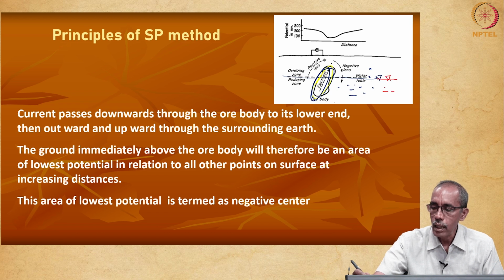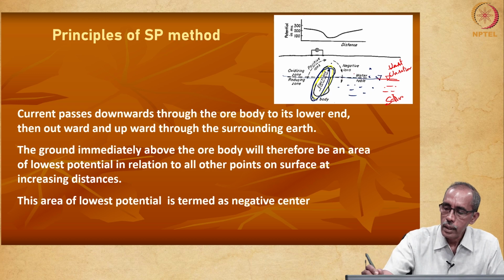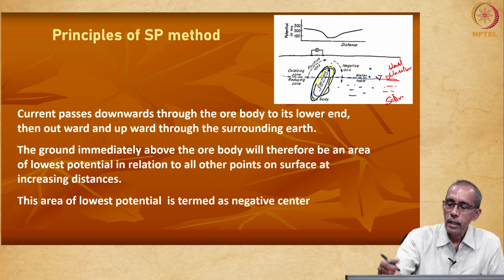Beneath that it is completely saturated, right. Above the water table is the unsaturated zone, below the water table is the saturated zone. So, here is the water table, and it so happened this mineral body is buried beneath the ground surface. This is the ground surface, right.